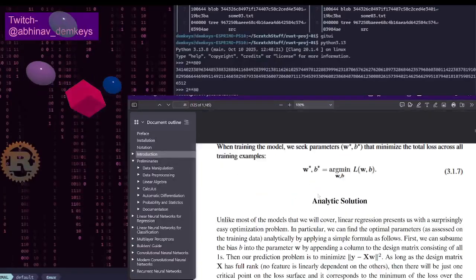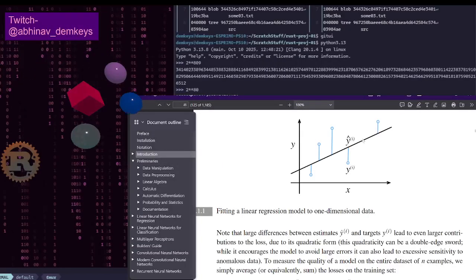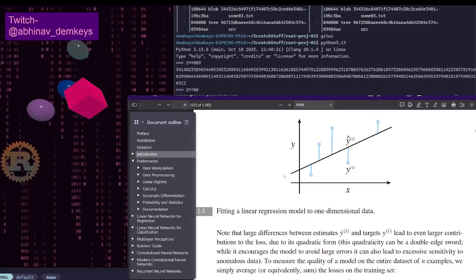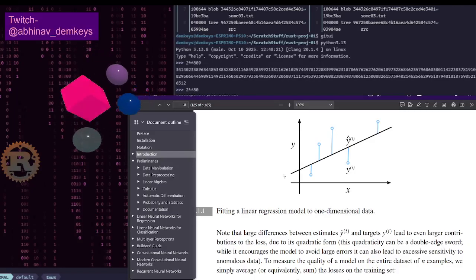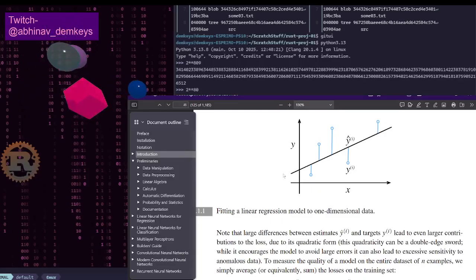Where's the diagram gone? Oh, here. So this, at least through scikit-learn when I had done it, the method we were using to determine the line of best fit was the ordinary least squares method, and we didn't have to do that. We just had to call a couple of functions.